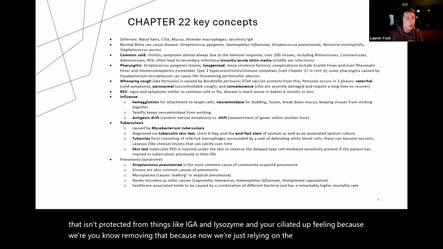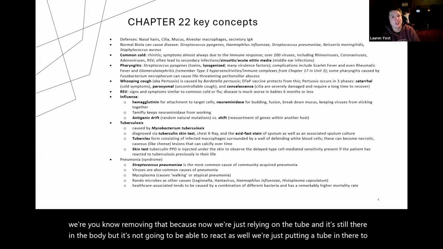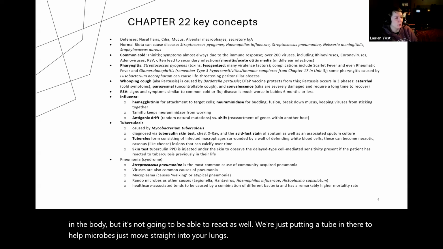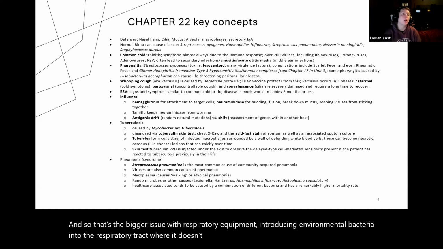It's still there in the body, but it's not going to be able to react as well if we're just putting a tube in there to help microbes move straight into your lungs. That's the bigger issue with respiratory equipment: introducing environmental bacteria into the respiratory tract where it doesn't belong, and without the body being able to control the progression of those microbes.